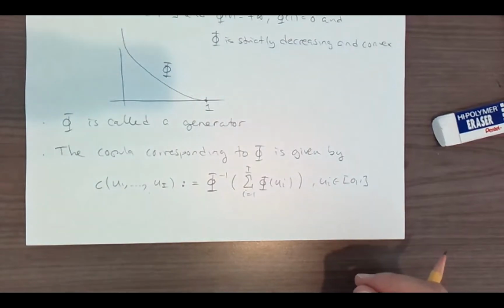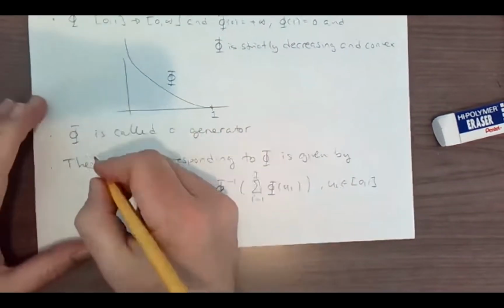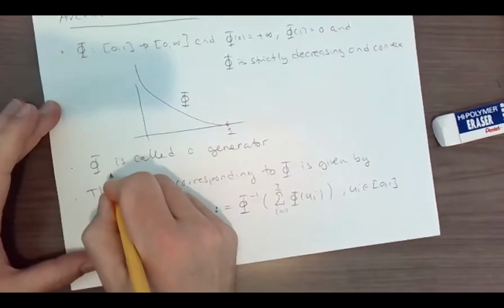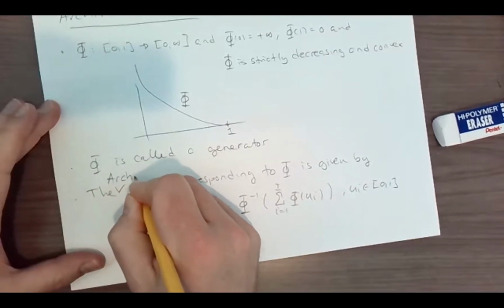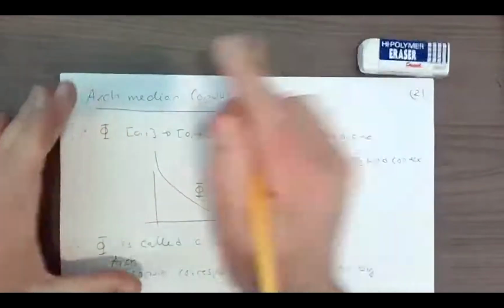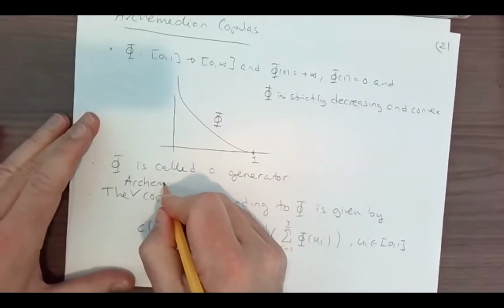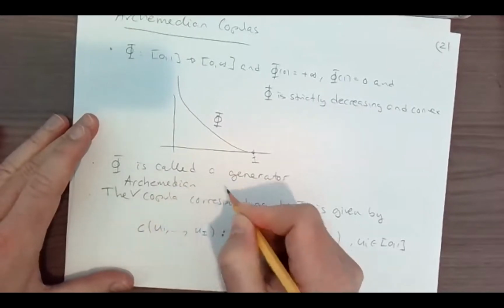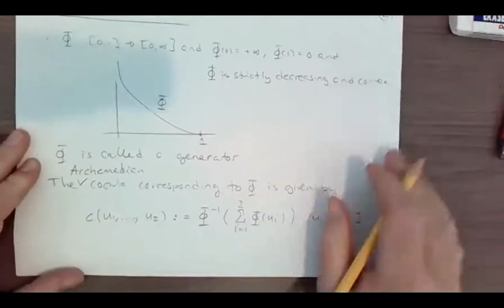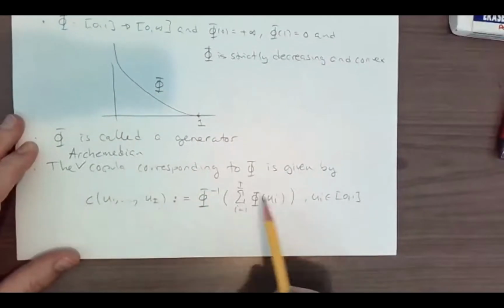And this is an Archimedean copula. The Archimedean copula corresponding to such a function up here has this very simple form.